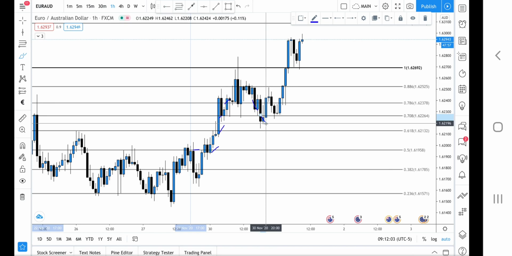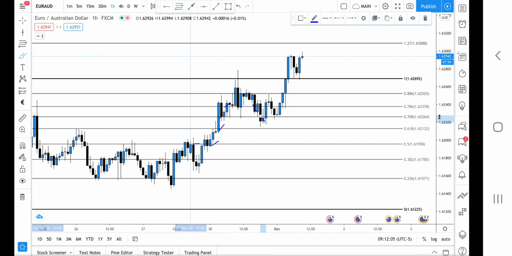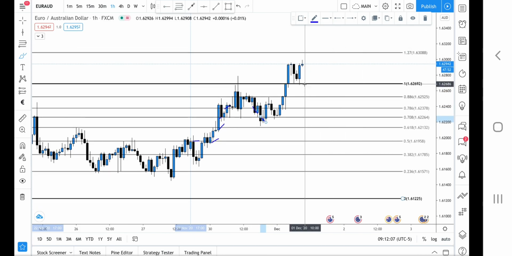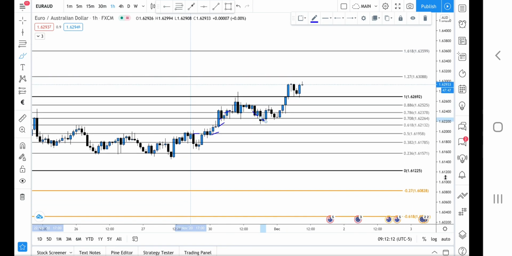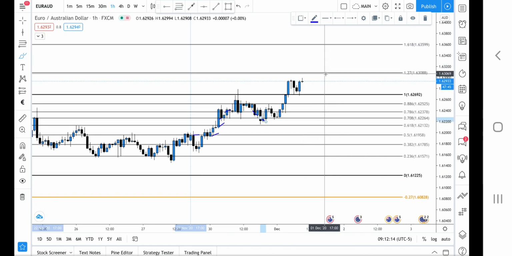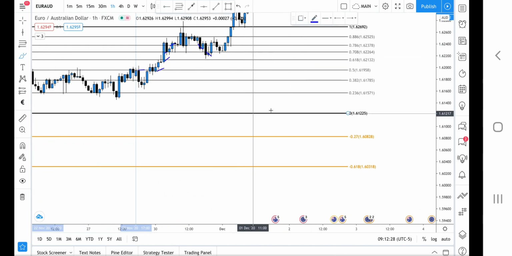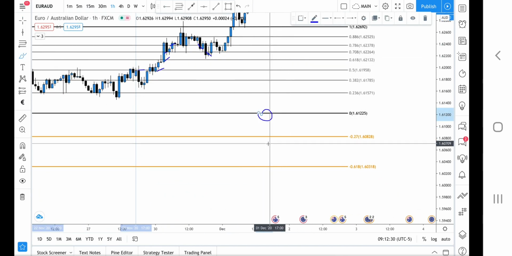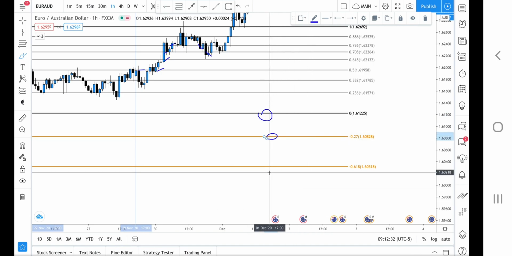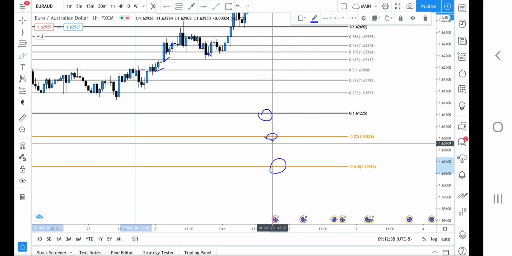Any time that you have a break outside of the 1 or outside of the 0, I'm always using the 1.27 and the 1.618 as my target areas. Anytime we have a snap outside of this 1 fib level, or vice versa, if we have a snap outside of the 0 fib level here, then I'll be using the negative 0.27 and the negative 0.618 as those potential target areas.